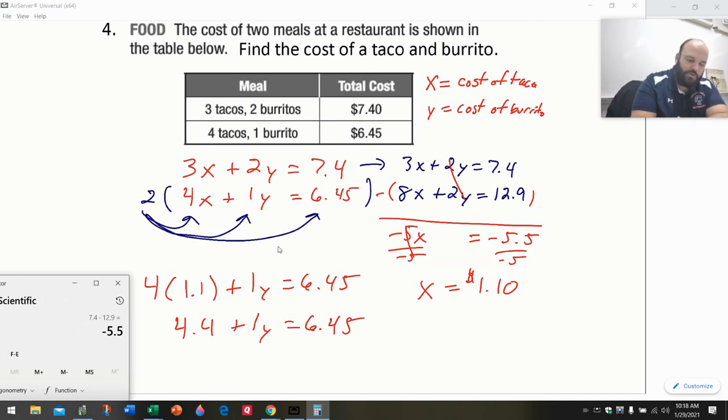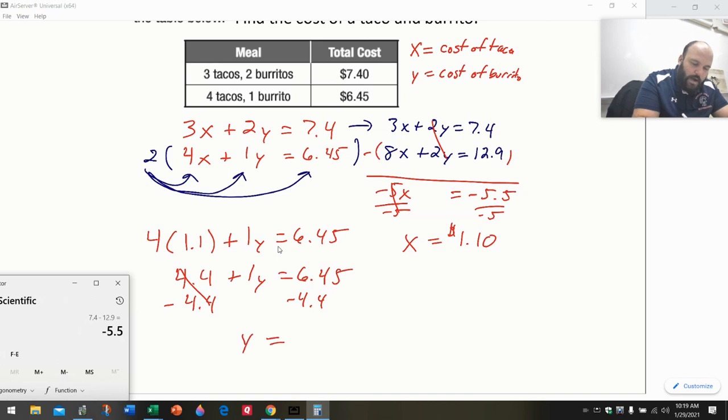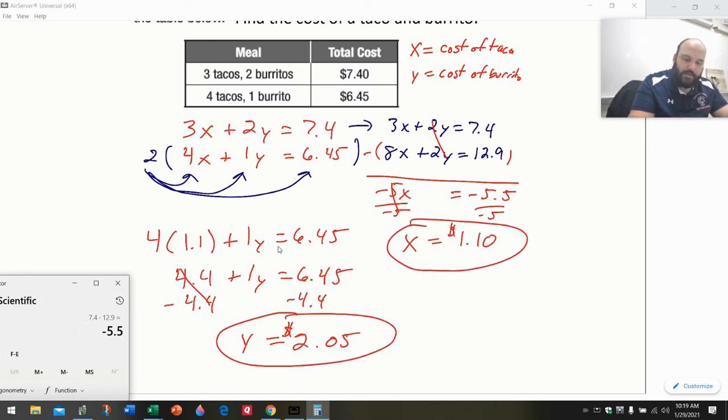Now I'm going to subtract both sides by 4.4. And I get y equals 2.05. So that right there is going to be the cost of a burrito.